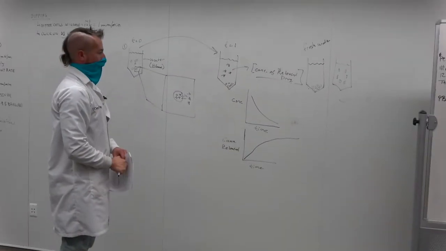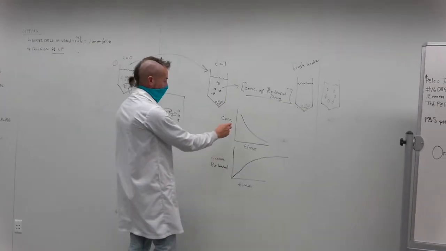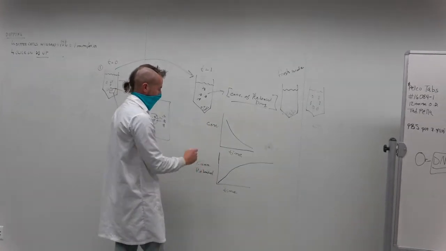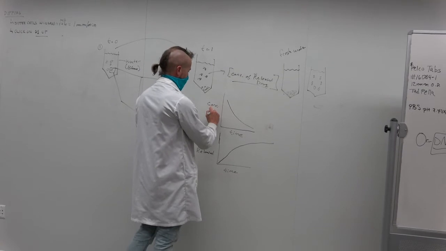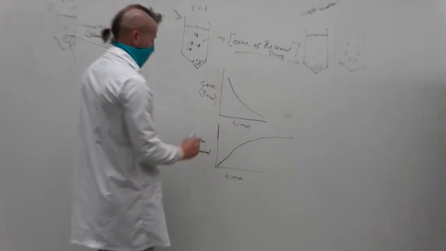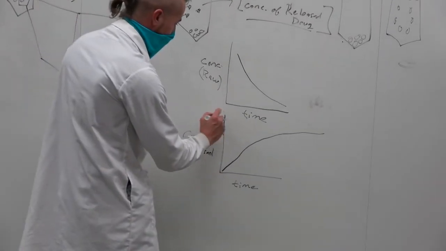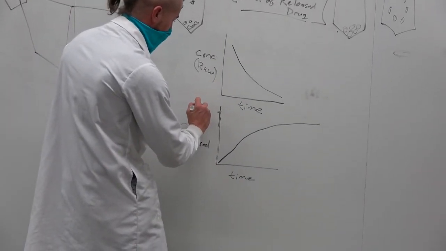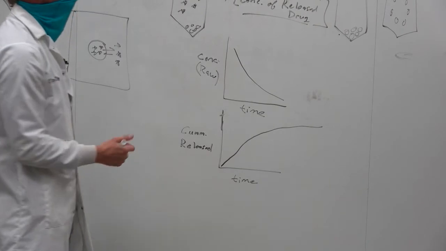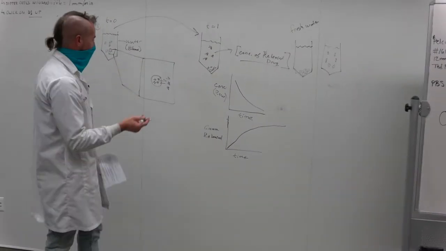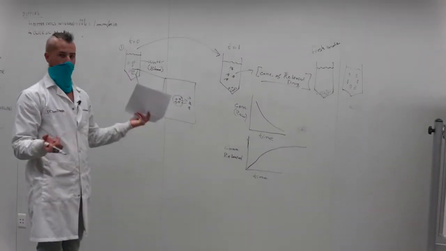Okay? So this can be kind of your raw data. And people will plot this either as a percent of... the best way to plot this is the percent of your total that was loaded.